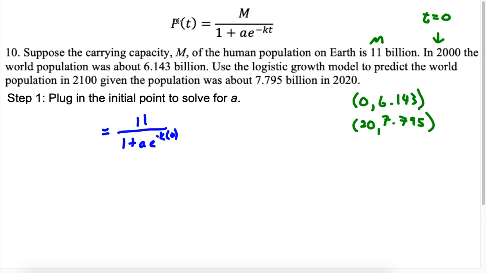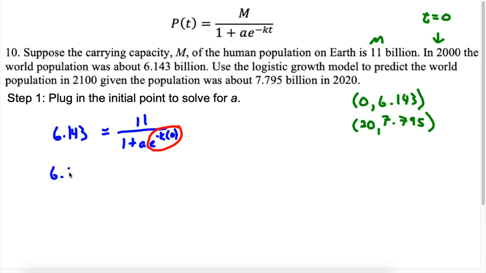And then that population is going to be 6.143 billion. Okay. So now I want to solve this equation for a. I've got a couple other values in there, but the important thing to recognize here is this would be e to the 0 power, and anything to the 0 power is equal to 1.